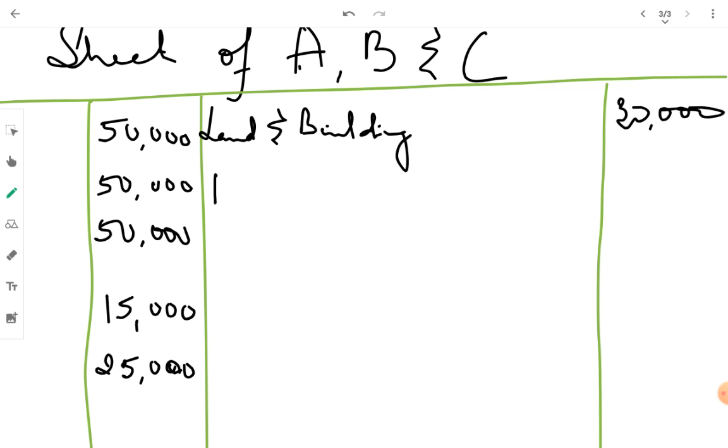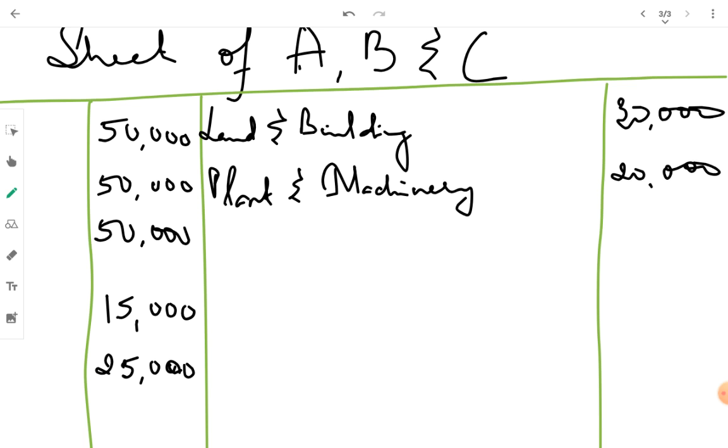And then plant and machinery, here also no changes were made, so I'm going to record it at the original value, rupees 20,000. And then you have stock. The original stock as per the original balance sheet was rupees 10,000, but we had an addition in the form of the stock that was brought in by your new partner, which is rupees 21,000. So let's record that, rupees 21,000. That will give you rupees 31,000 in the outer column.